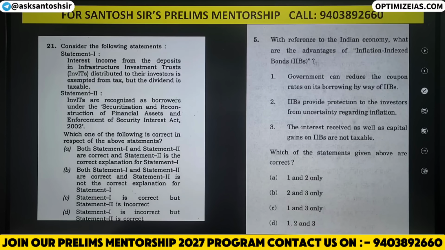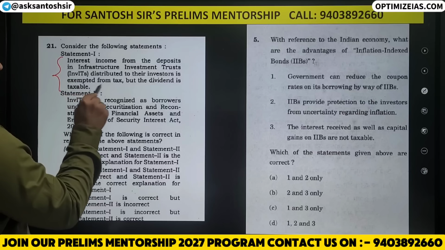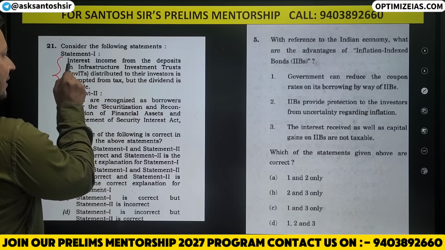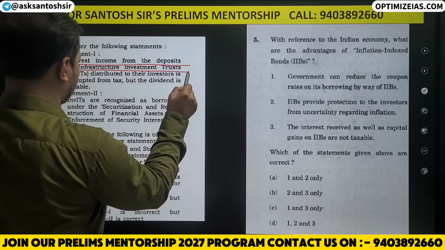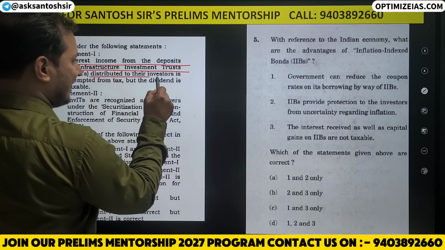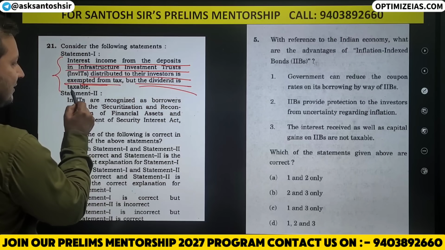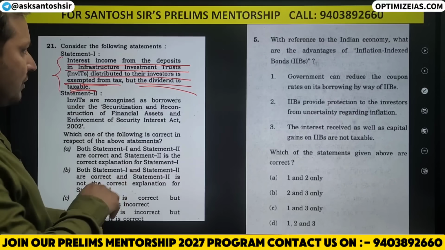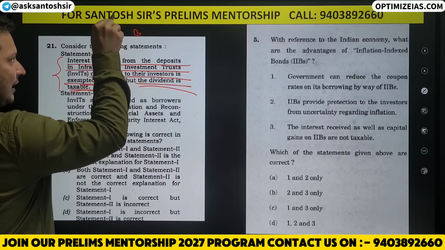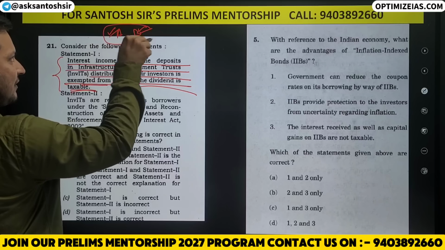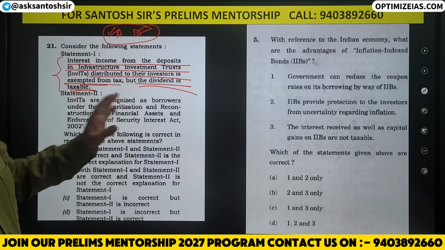Whenever they talk about tax and use a statement like this: interest income from the deposits in infrastructure investment trusts distributed to their investors is exempted from tax but dividend is taxable. So they're talking about A and B. This is not taxable, this is taxable. Like this, if they frame any statement, those statements are always incorrect.